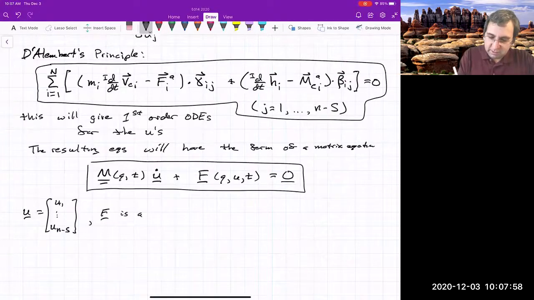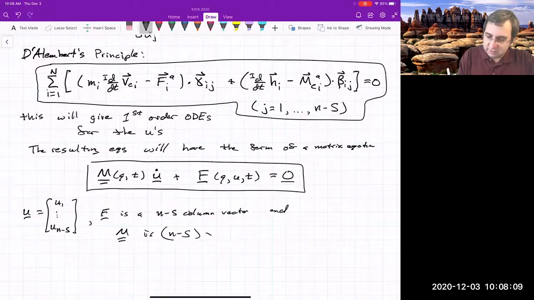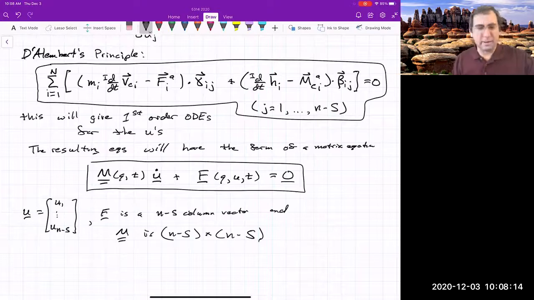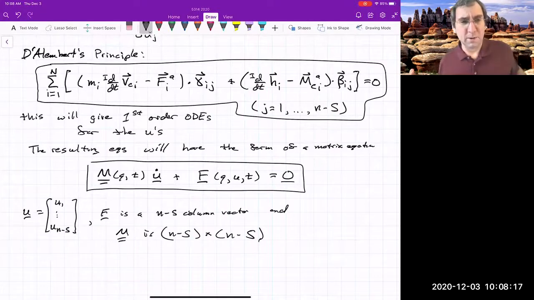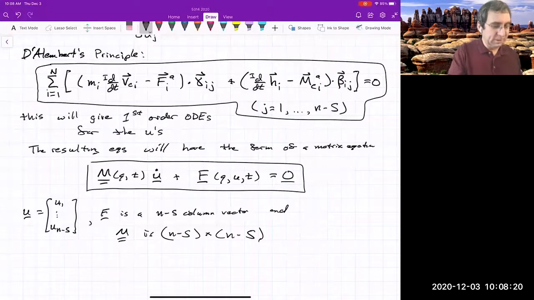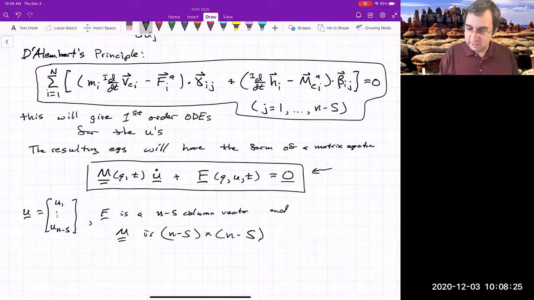F is an n minus s column vector, and M is n minus s times n minus s. And I think it's positive definite. I don't know, I can't recall right now. But this is a way of summing up these n minus s first order dynamical ODEs.